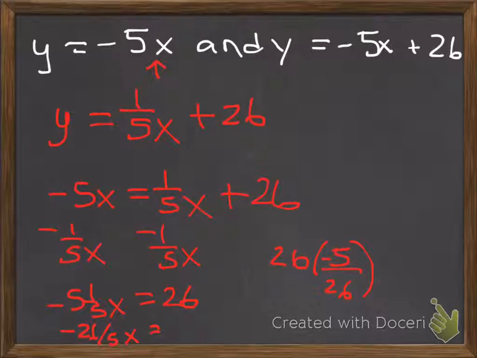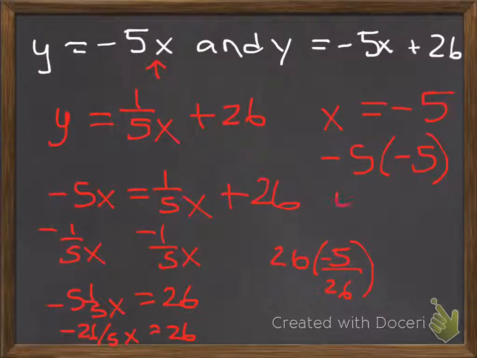And I should get x equals negative 5, and I want to plug that into either one that I used, so we could just use the negative 5x one, and we get y equals 25.